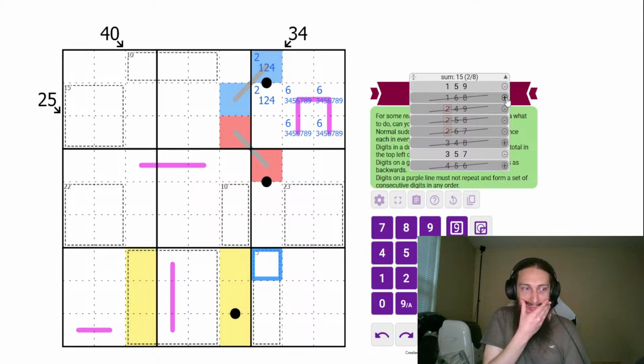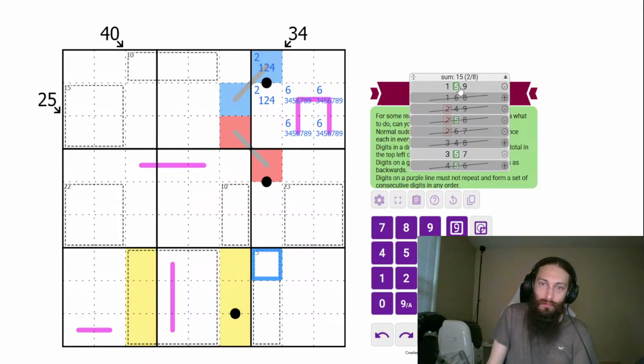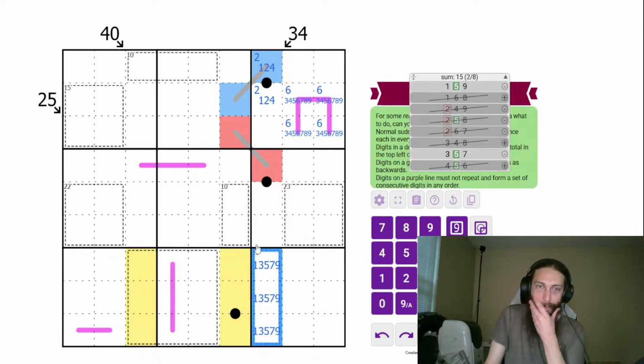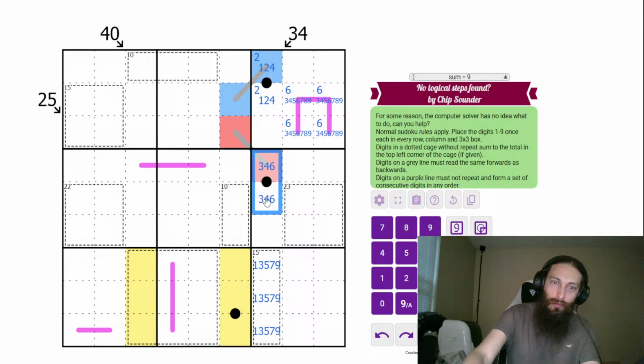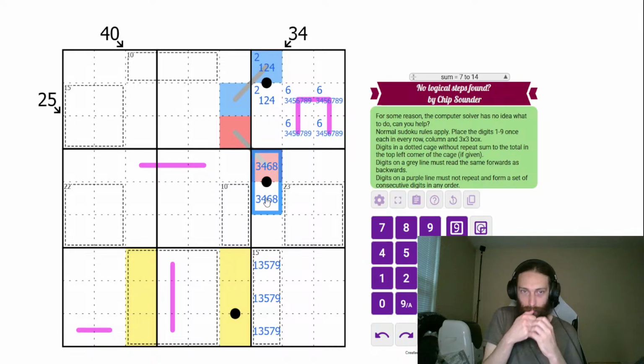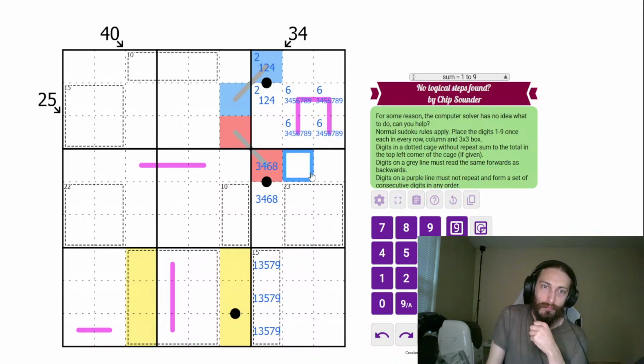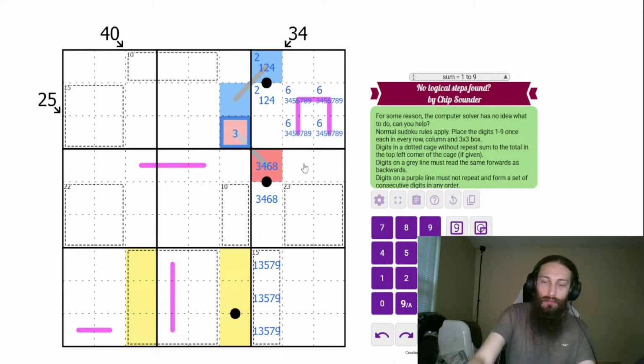Right. So it's going to have a 5 in that 15. 1, 5, 9 or 3, 7, 5. And this is either 3, 6 or 4, 8. 3, 4, 6, 8. 1, 2, 4.